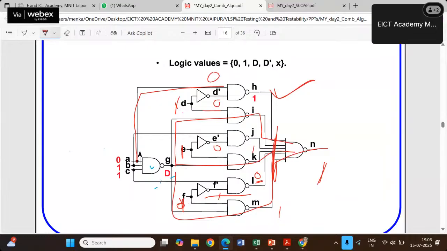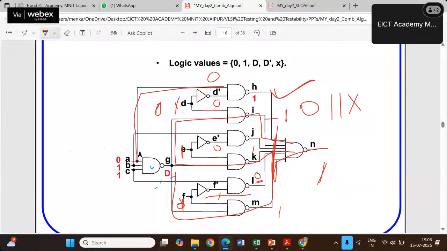So what is the test pattern? Test pattern becomes 0, 1, 1, and D is don't care. If it is 0, then also it's okay. If it is 1, then also it's okay. Why? Because if it is 0, then irrespective of anything, I'll be having the output over here as 1.